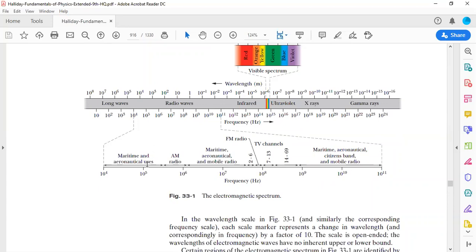First maritime and astronomical users, then AM radio, maritime, astronomical and mobile radio, and then FM radio and TV channels. All these are distributed, and all use a specific wavelength.